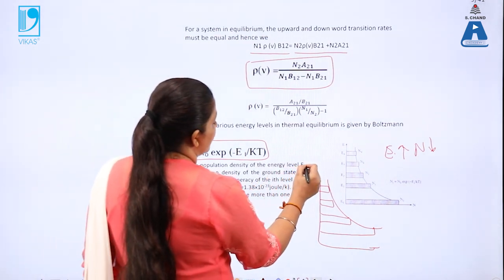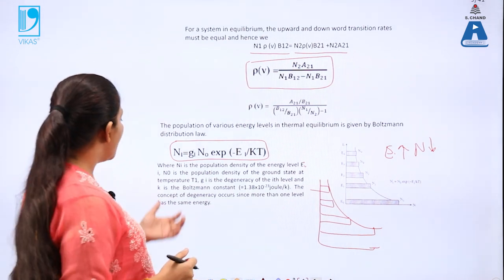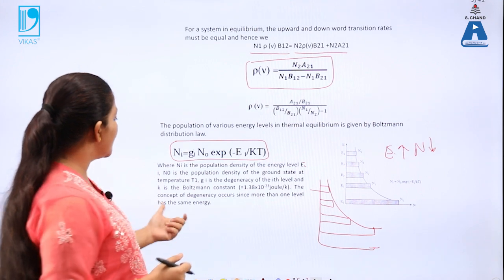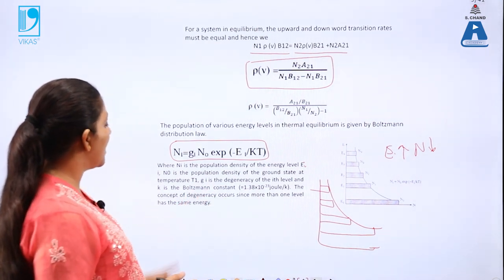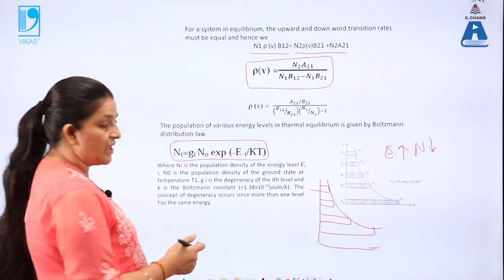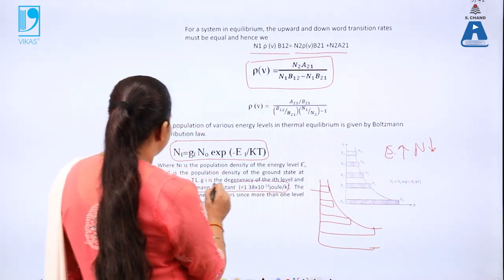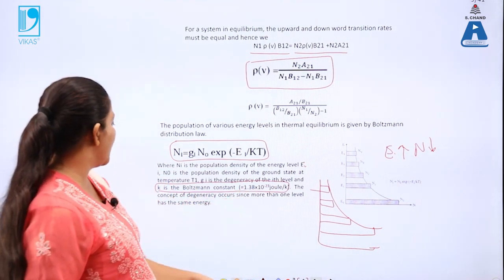Ei is the energy corresponding to the atoms for the ith state. N0 is the population density in the ground state at temperature T, and Gi is the degeneracy of the ith level. K is the Boltzmann constant, which is equal to 1.38 times 10 to the minus 23 joule per Kelvin.